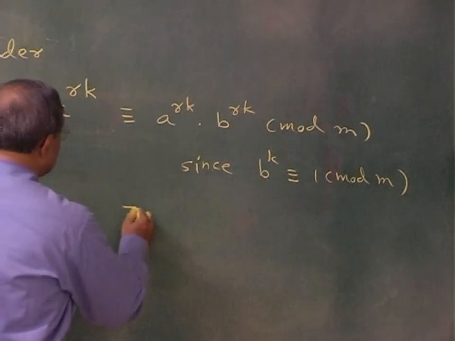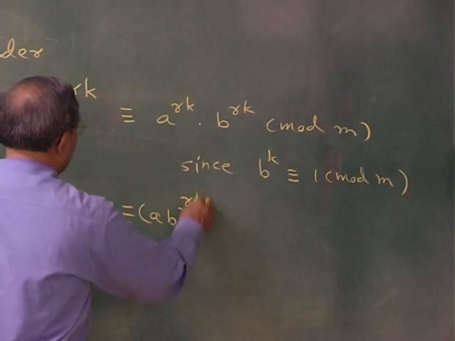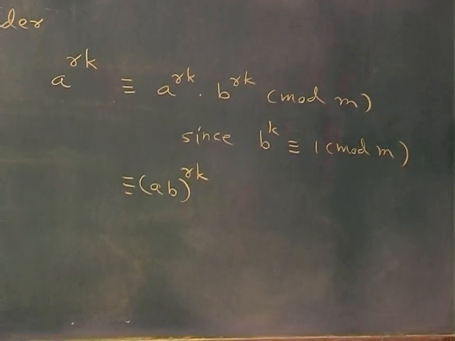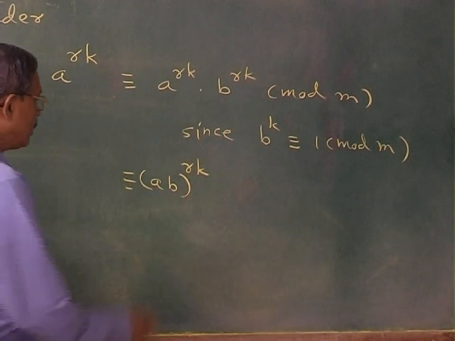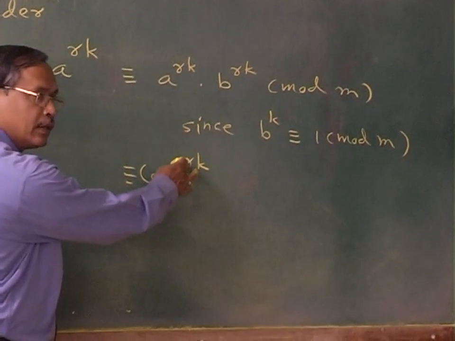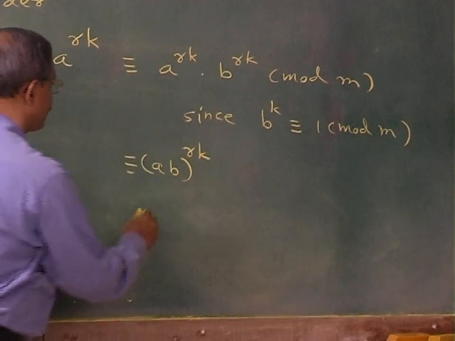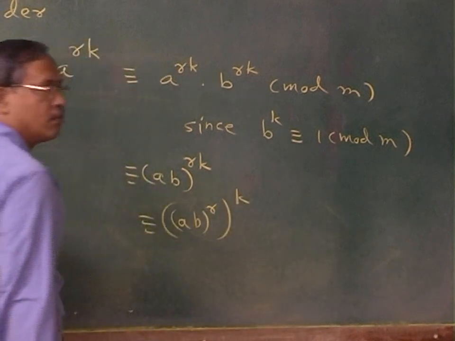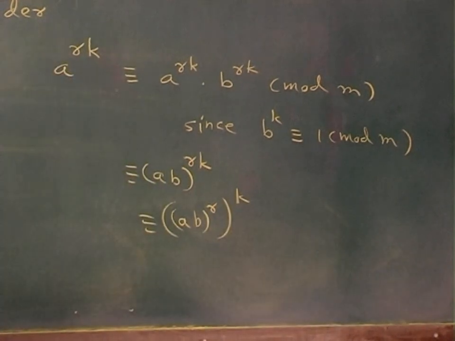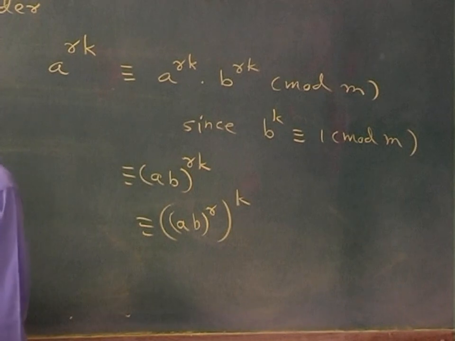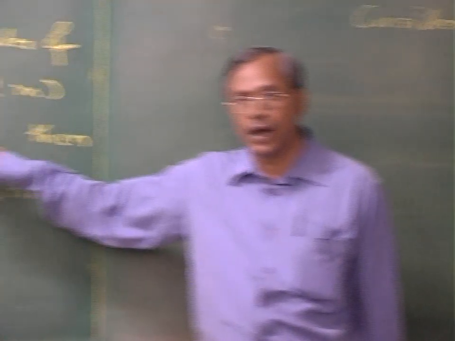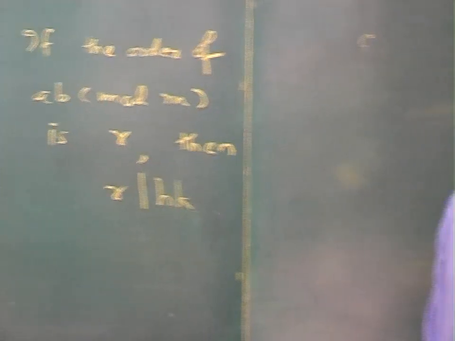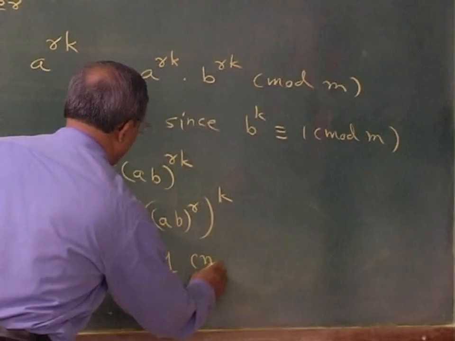But this is congruent to AB raised to RK. The power is the same. This you can write as AB raised to R, raised to K. But what is AB raised to R? We are assuming that R is the order of AB mod M. Therefore AB raised to R is 1 mod M. So this is congruent to 1 mod M.